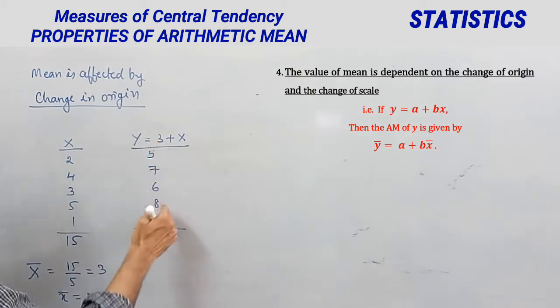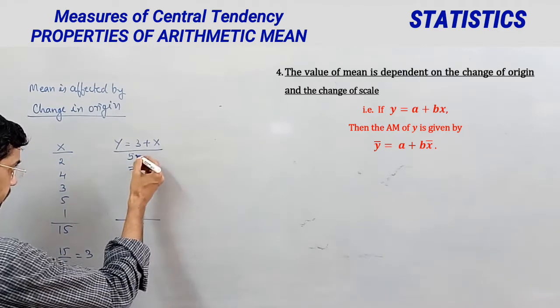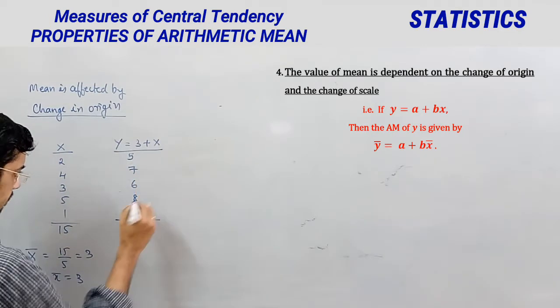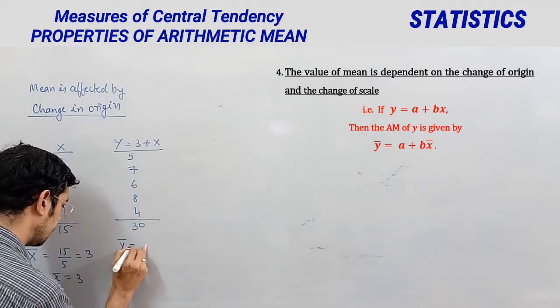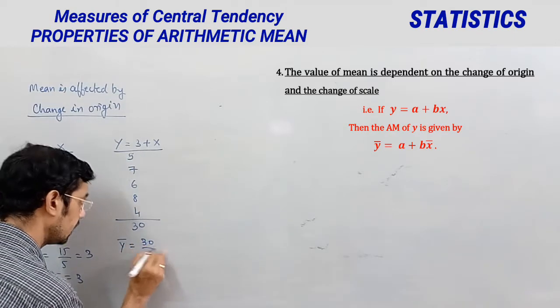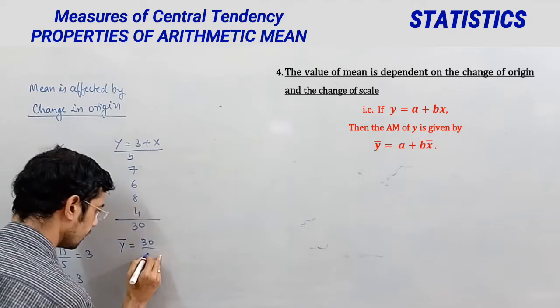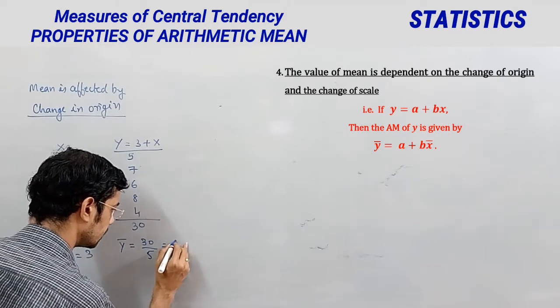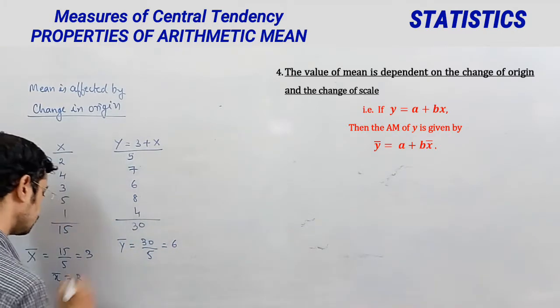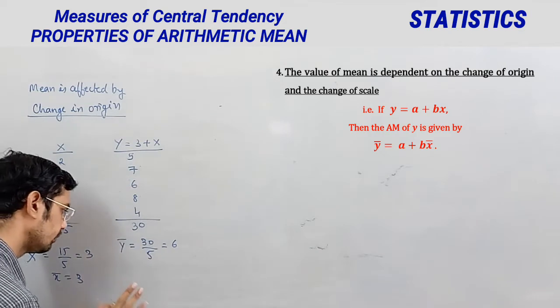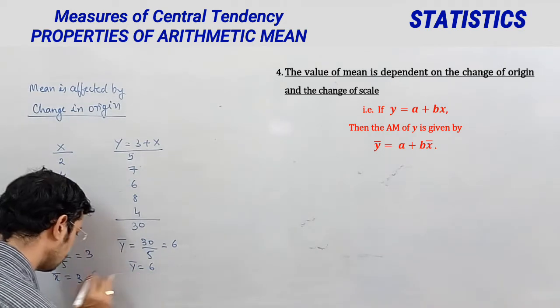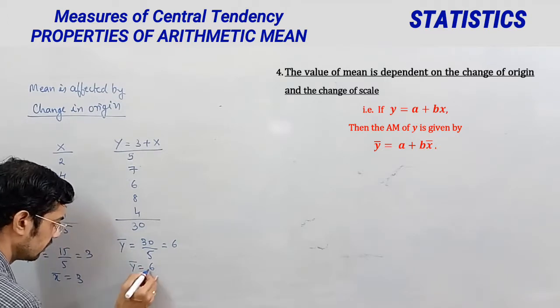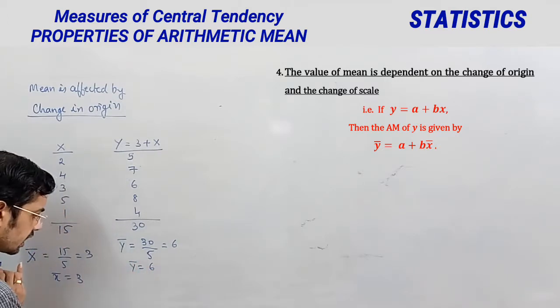Now what is the sum of y? This is 30. So the mean of y, that is y bar, will be equal to 30 by 5, and 6 fives are 30, so y bar equal to 6. We can observe how this y bar differs from x bar.